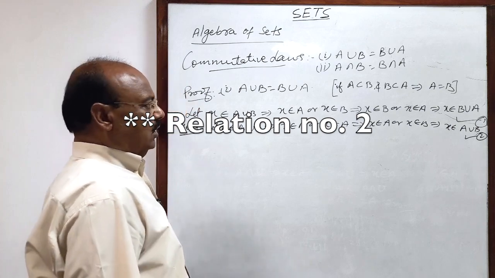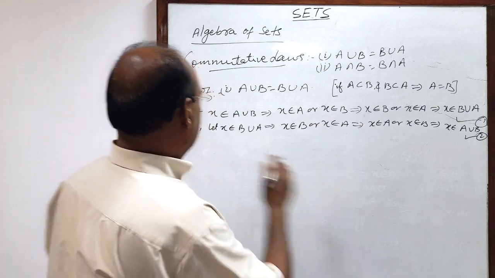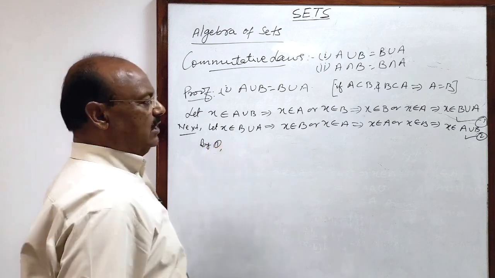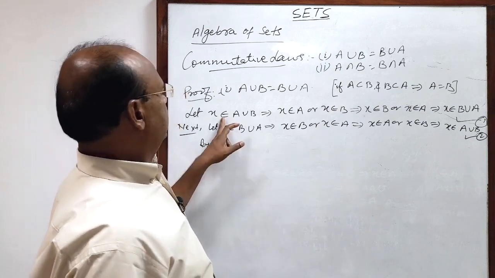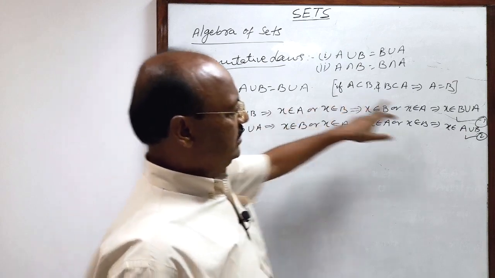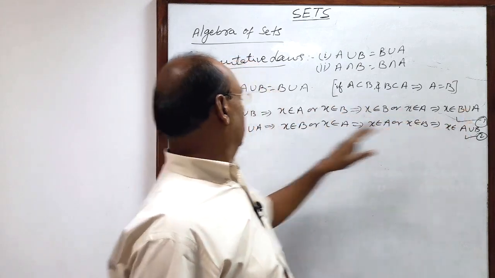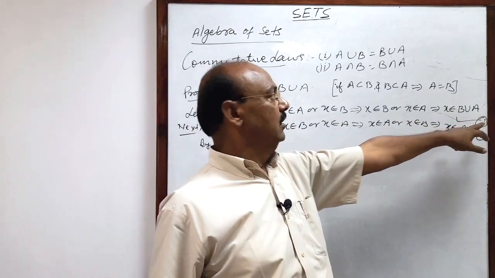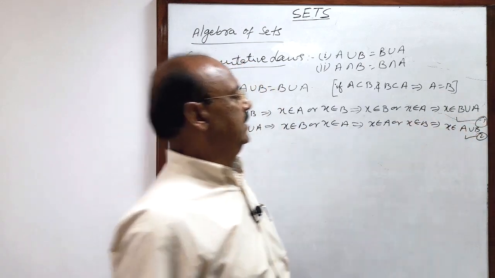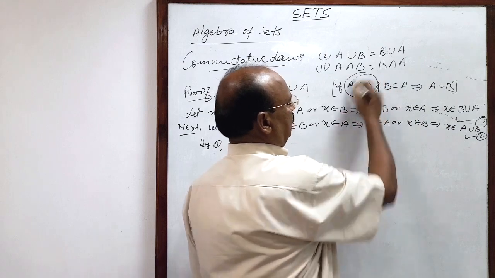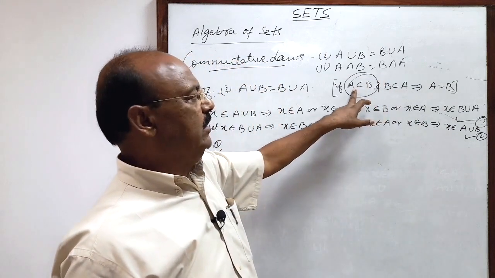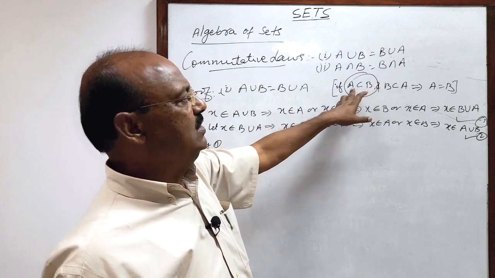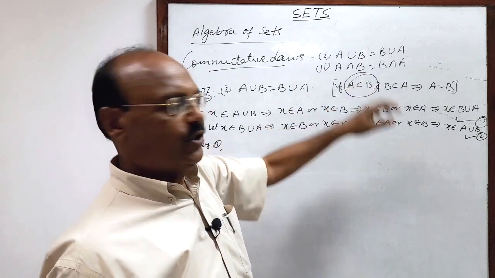Now, by relation number 1, you see what we are getting. X belonging to this set implies X belonging to that set, meaning A union B is a subset of B union A. How can we say that A is a subset of B? If any element belonging to set A also belongs to set B, it means A is a subset of B. That is the definition of subset.